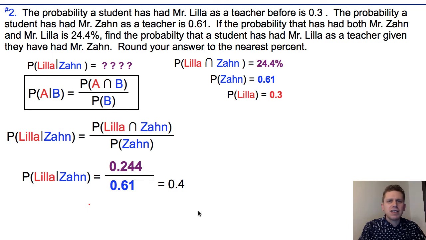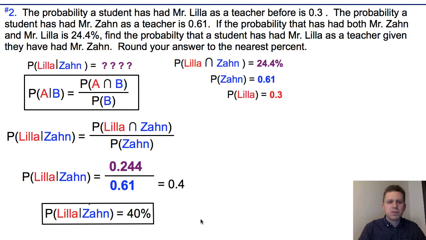And of course, I need to round this to the nearest percent, so I am going to multiply by 100. And when I do that, I get 40%. The probability that a student has had Lilla as a teacher, given they have had Zahn as a teacher, is 40%. Very cool. Let's do 2 more examples.